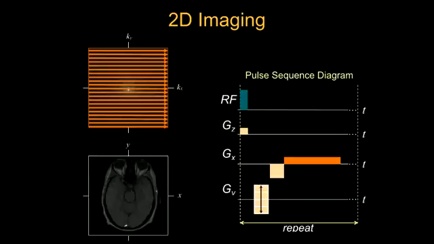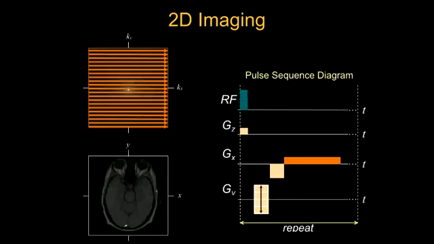You change the location, apply the same gx, you go from here to here, and done. The next repetition, you apply a different gy gradient. You go to a different location, going to negative and positive. That's it. Okay?